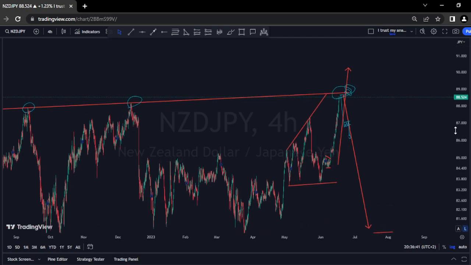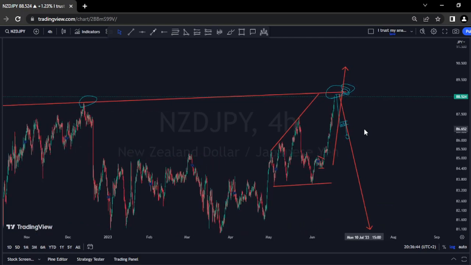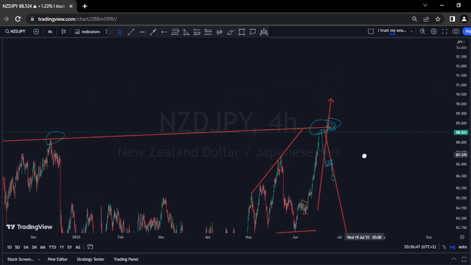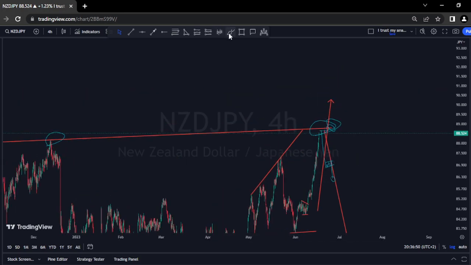The ones I showed you on AUDUSD, those are the patterns that I'm going to be looking for. Or you can look for a break, and then price goes back to those highs for a retest, and then you enter.